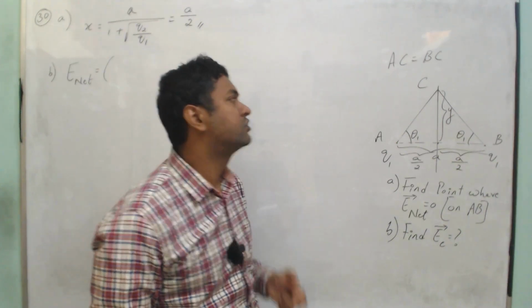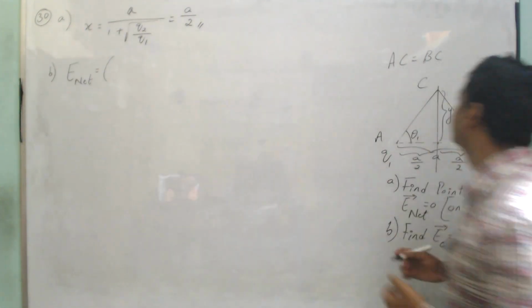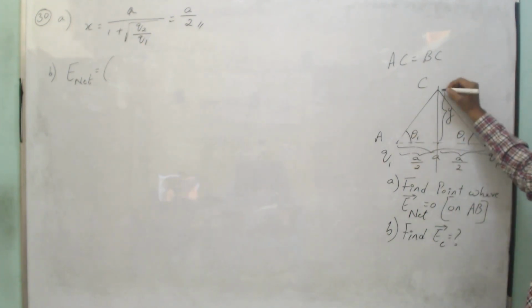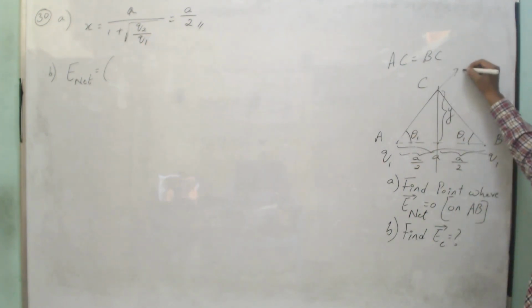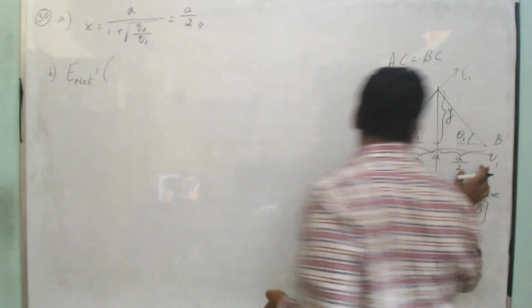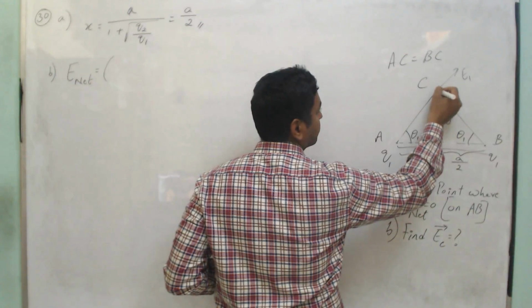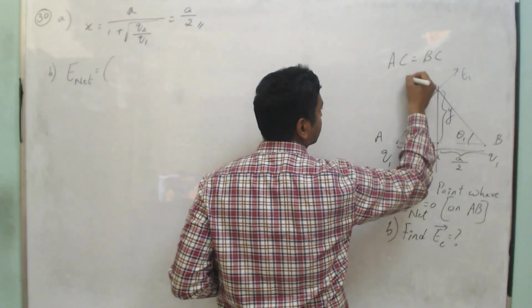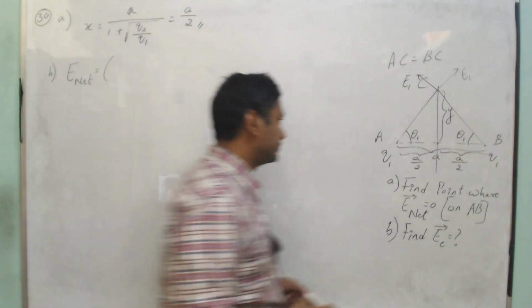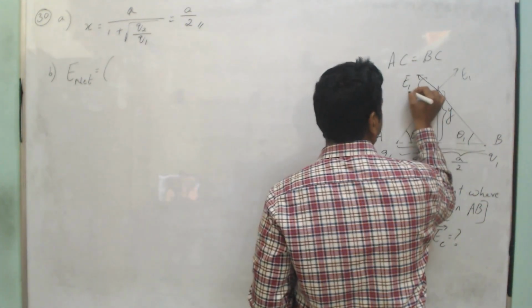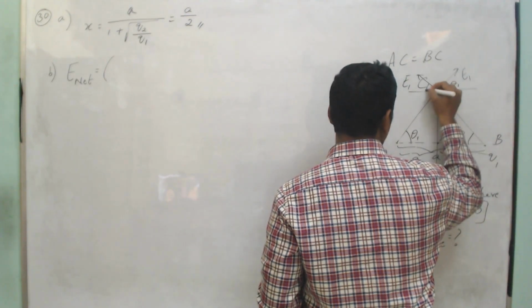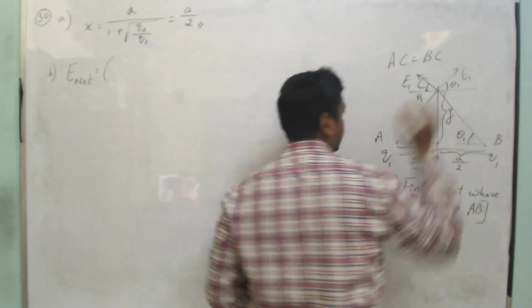By figuring out this much, we can definitely say that if the electric field due to charge Q1 at point C is going to be even in this direction, then the electric field due to the other charge Q1 at point C will also be even, but in a different direction, correct? And we just now figured out that the angles are going to be the same, correct?